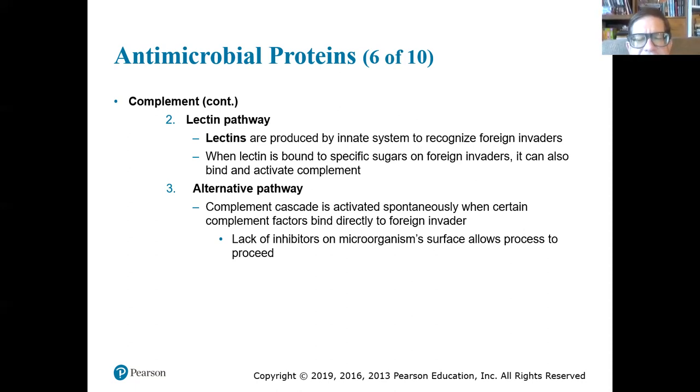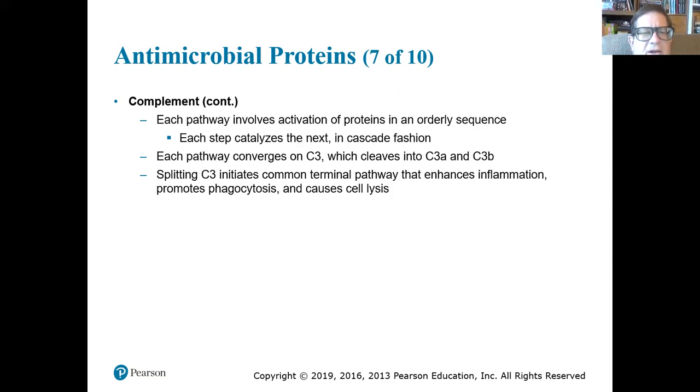The complement cascade can also be activated spontaneously when certain complements bind to a foreign invader. Like one of them binds and they tell the others, hey, activate. The lack of inhibitors on a microorganism surface allows the process to proceed. So we normally have inhibitors that tell the complements, oh, chill, we don't need that.